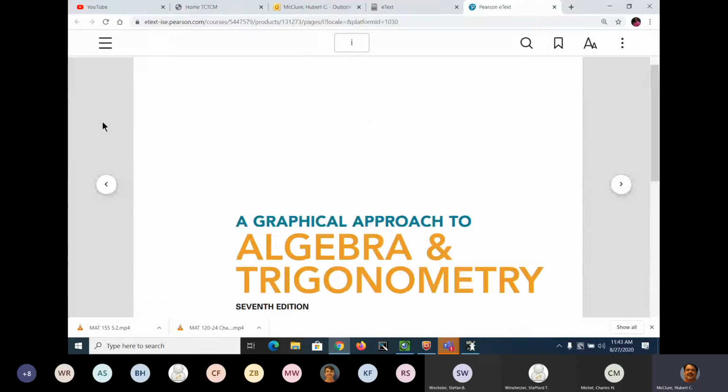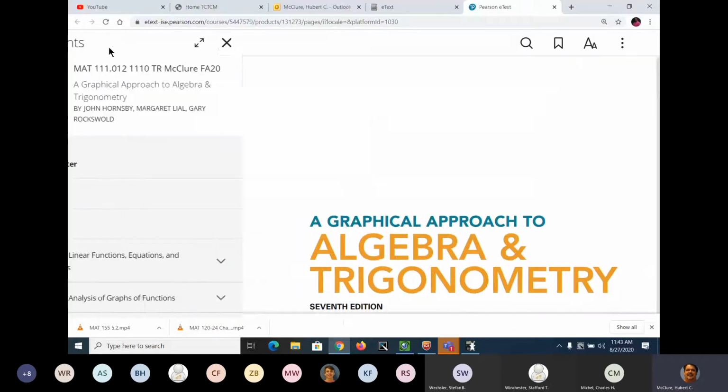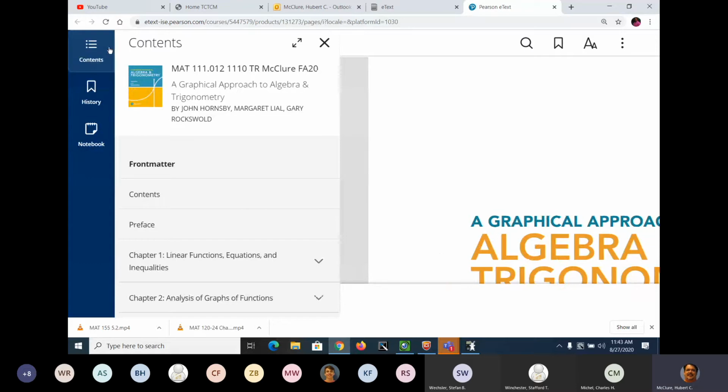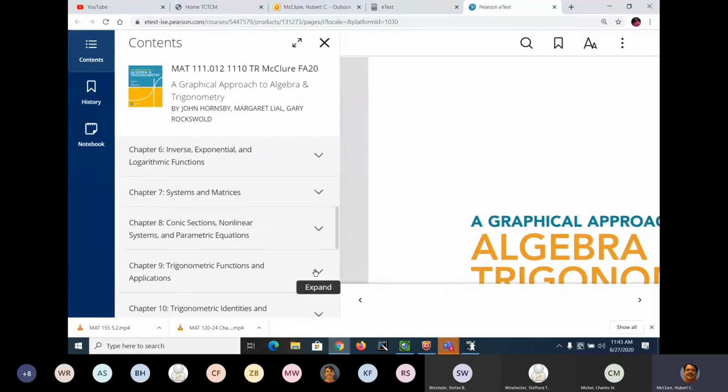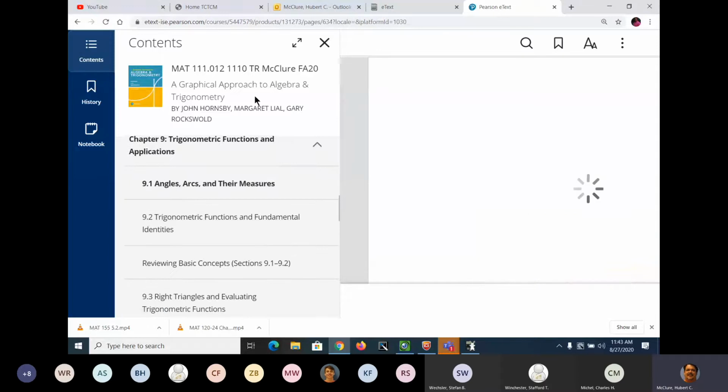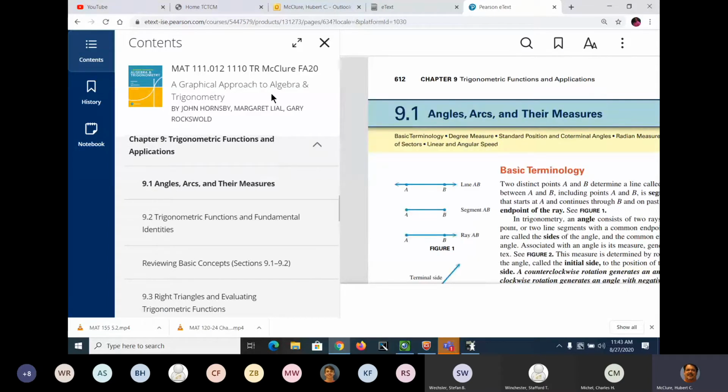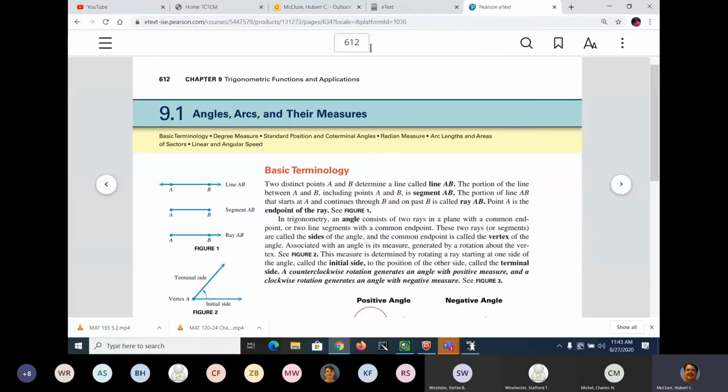9.1 goes into what is an angle. And an angle is the intersection of 2 planes. 9.1, angles, arcs, and their measure. And I'm not going to go over this word for word, but let me go ahead and say this.